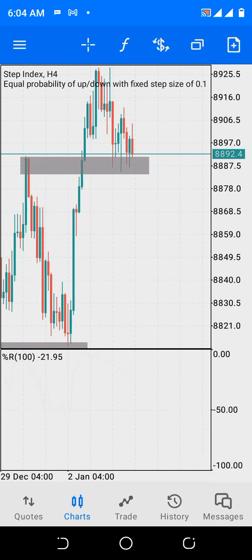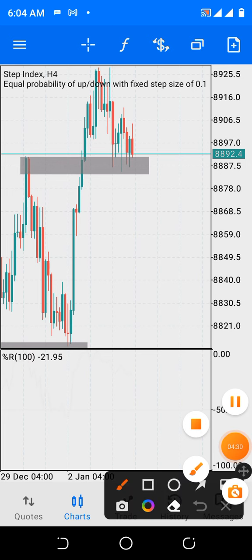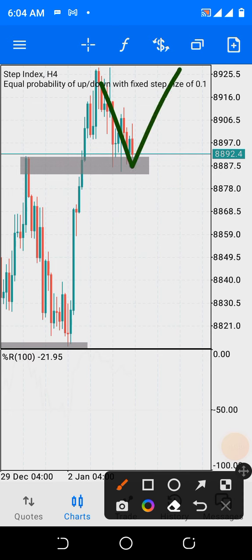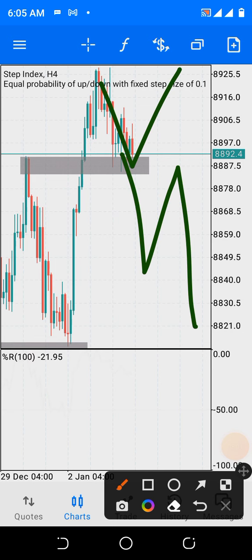One is that the market, after getting to this support, moves up, or it breaks this and gets back to it and moves down. So these are the two possible outcomes here.